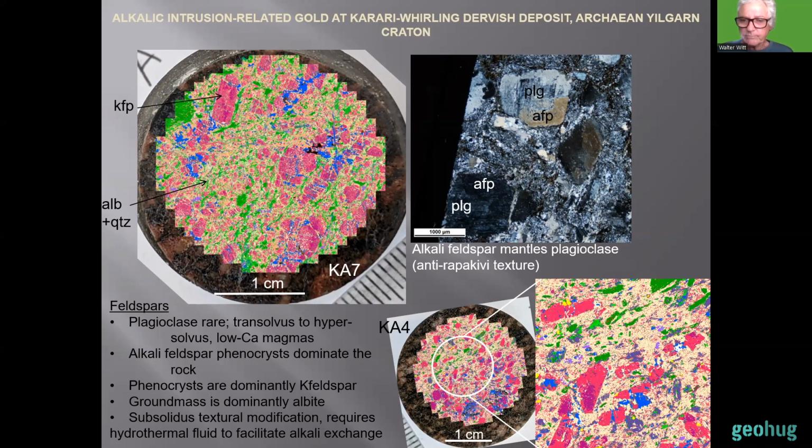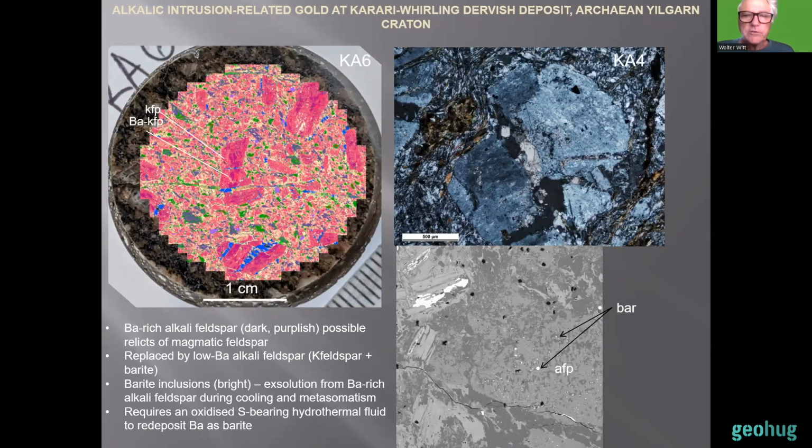TIMA images also indicate the presence of barium-rich K feldspar as relics in the phenocrysts. The barium-rich K feldspar is replaced by barium-poor K feldspar, and in doing so, barium has been released and is trapped as numerous inclusions of barite within the alkali feldspar phenocrysts.